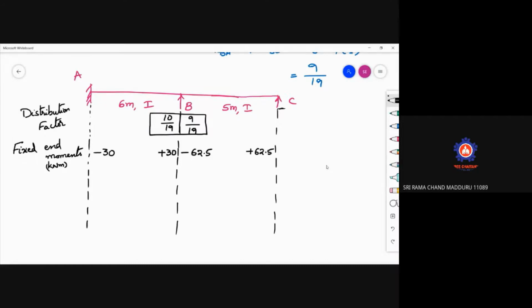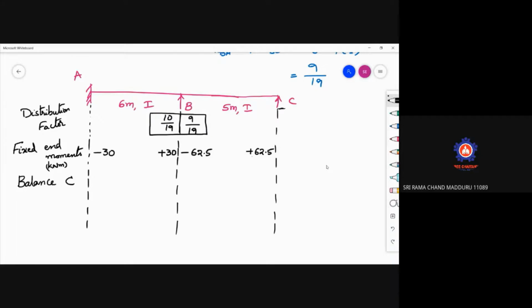So in the first step, just see this one. When there is a roller support, this value is plus 62.5, but actually the end moment should be 0. So to make it 0, I am applying a balancing moment at C. Why are we not balancing B?